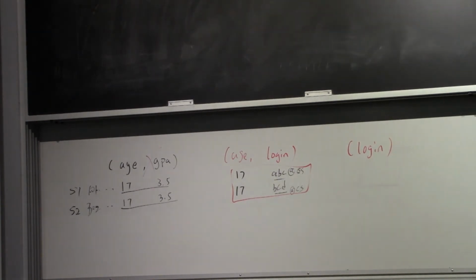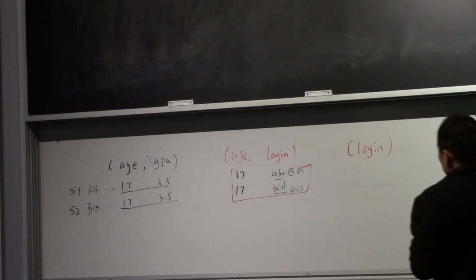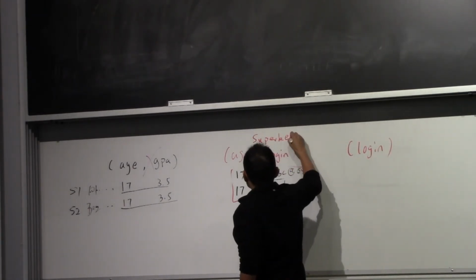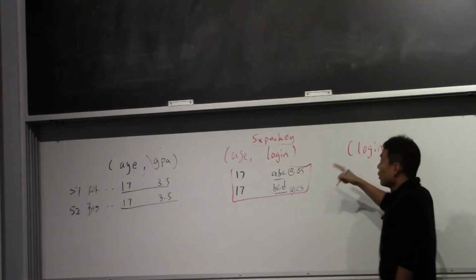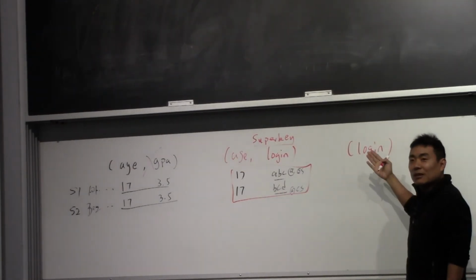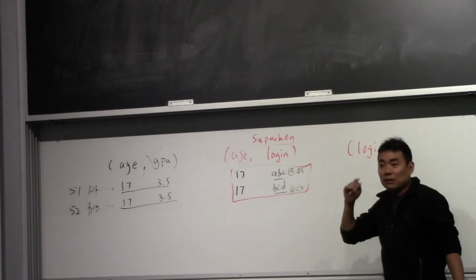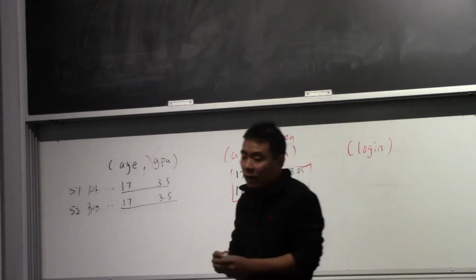In an instance like that, why would you ever have more than just login then? Very good question. Another way to look at the question you asked is, yes, both are superkeys, but obviously this is more powerful, more distinctive. So somehow we need to distinguish this from superkey. That's exactly what I'm going to talk about next.